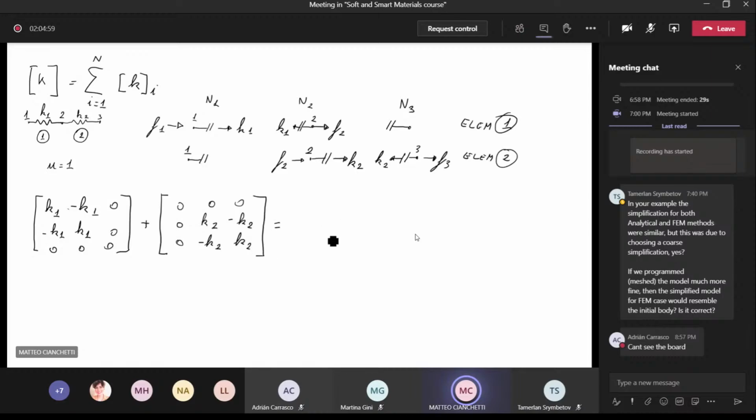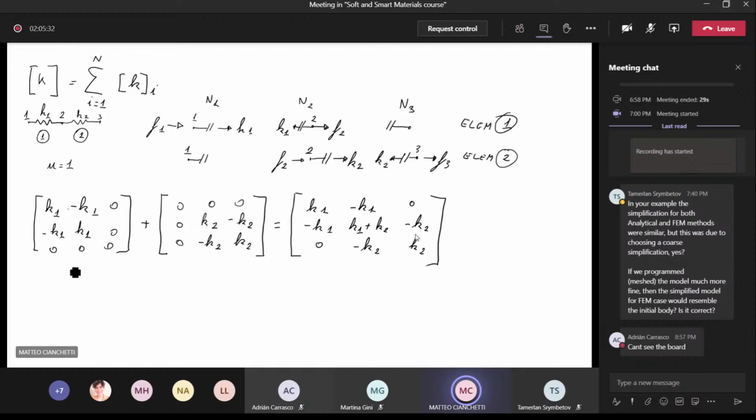Summing up these two matrices, we have K1, minus K1, minus K1, K1 plus K2, 0, minus K2, 0, minus K2, and K2.